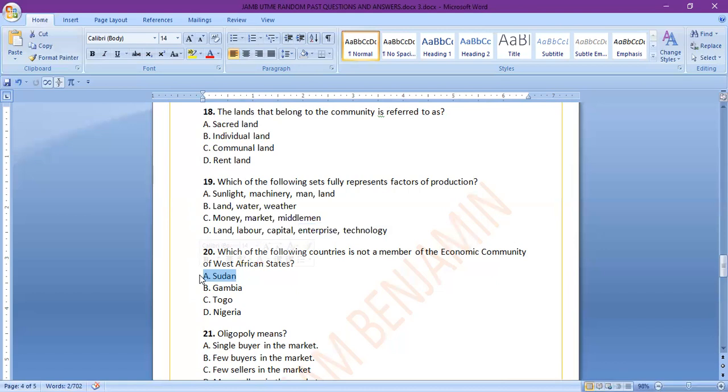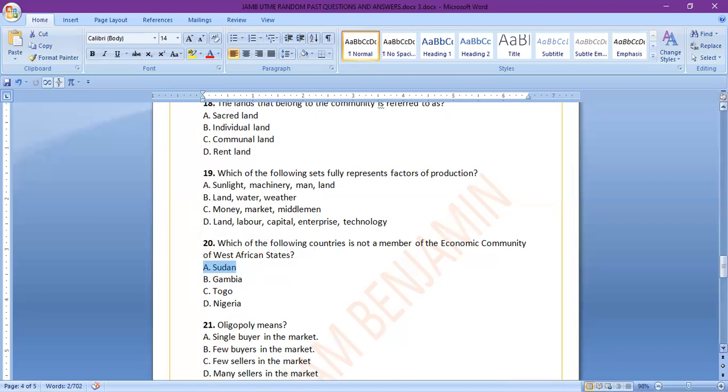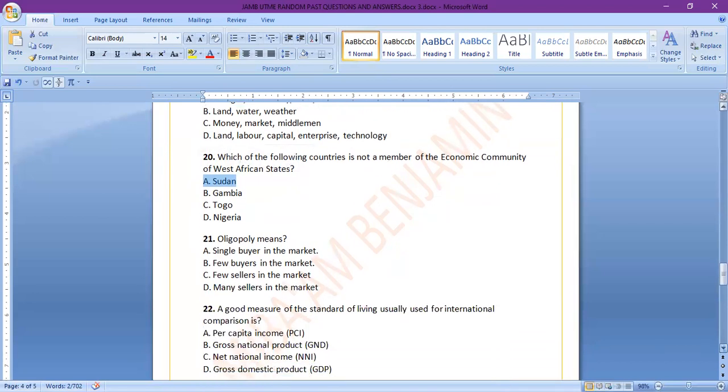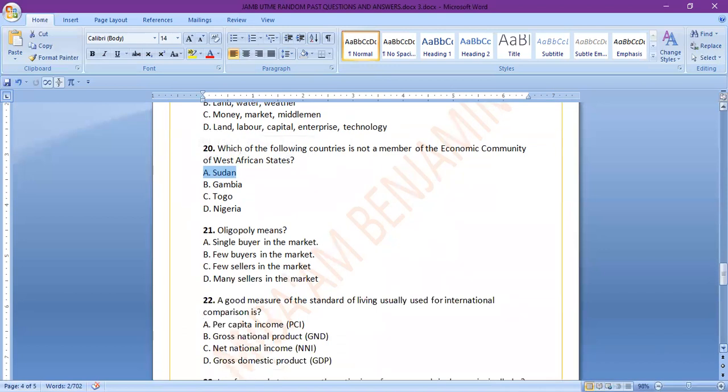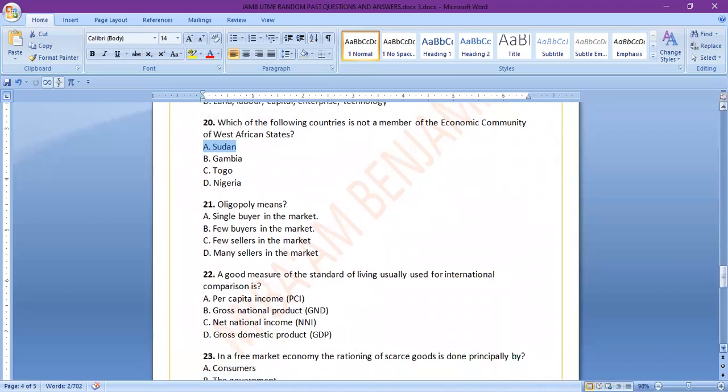Sudan is a member of the Eastern African region, together with countries like Kenya, Uganda, Rwanda, Somalia. They belong to the East, while Gambia is in West Africa. Togo, it's just an immediate neighbor to Nigeria. Nigeria, Togo, Gambia are all members of the Economic Community of West Africa, except for Sudan. So the answer is Sudan.